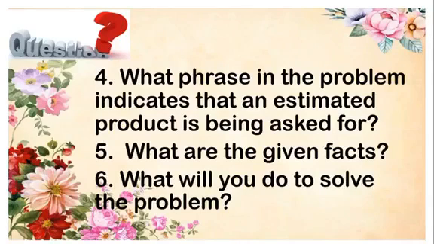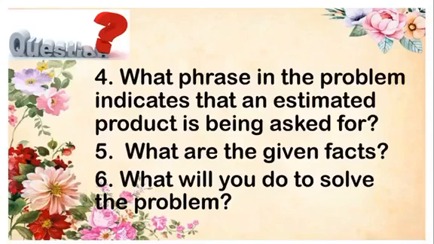What are the given facts? The given facts are 35 pesos and 122 customers. Last question. What will you do to solve the problem? We can solve this by applying the estimating product.